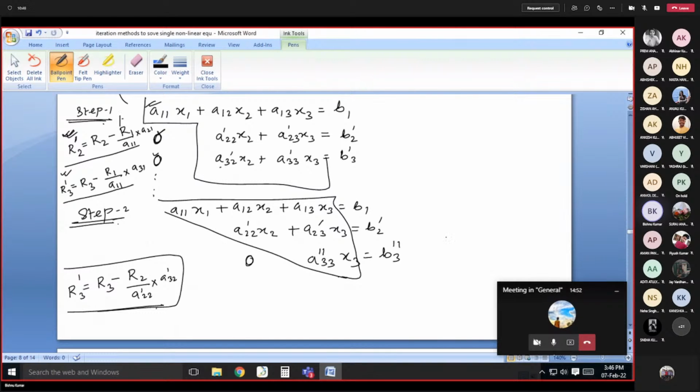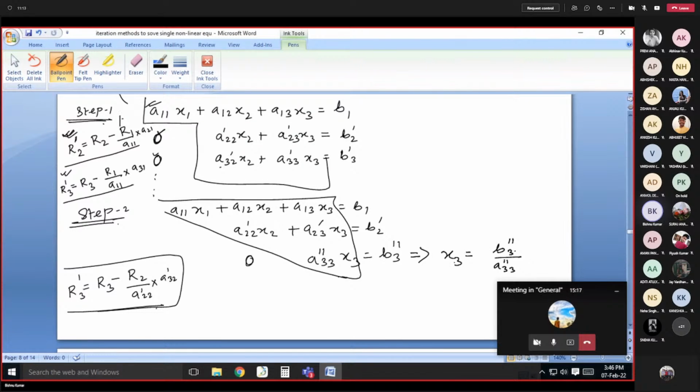After doing this, from the last equation the last variable easily comes out. That will be B3 double dash divided by A33 double dash.